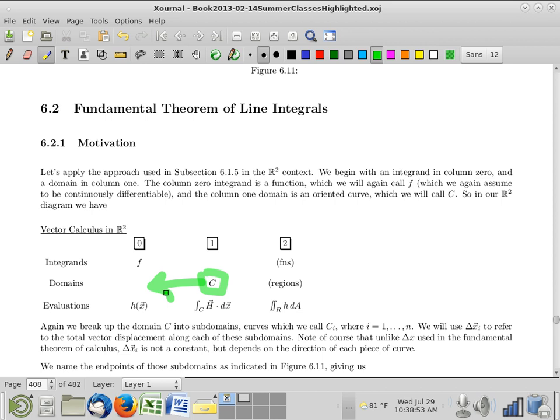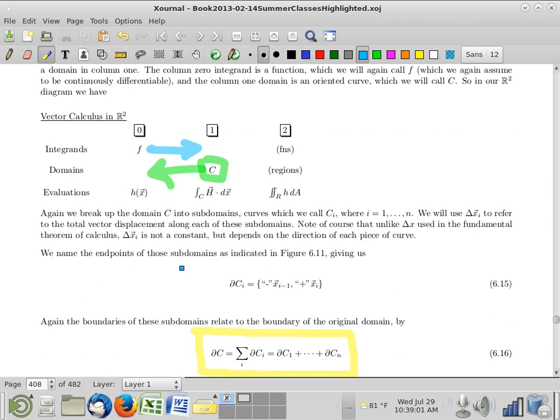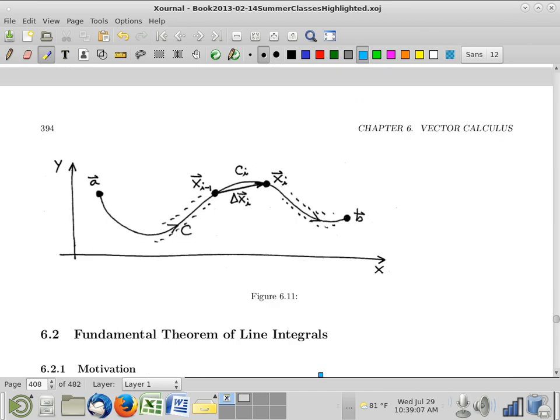Okay. We're going to ask the question, can we motivate some way to do something to a function such that when I evaluate on both sides, I get the same answer? And it's going to come about by looking at boundaries again. So here's our curve. That curve has a starting point and an ending point.